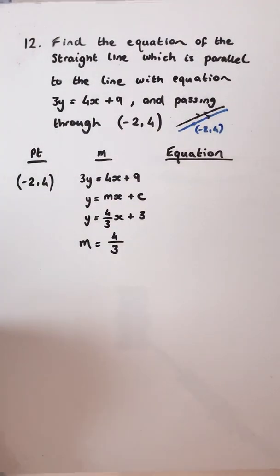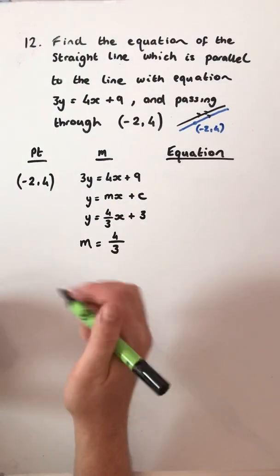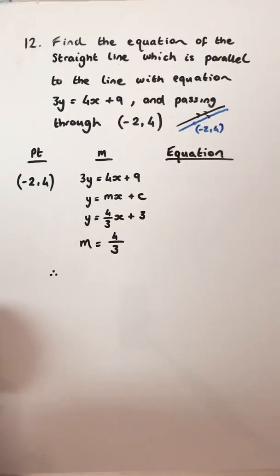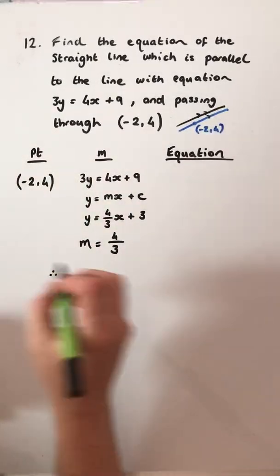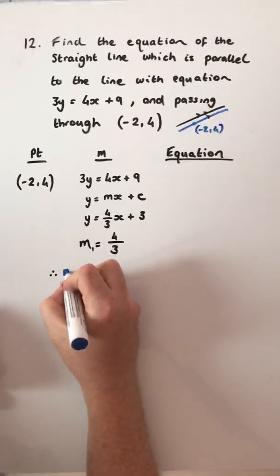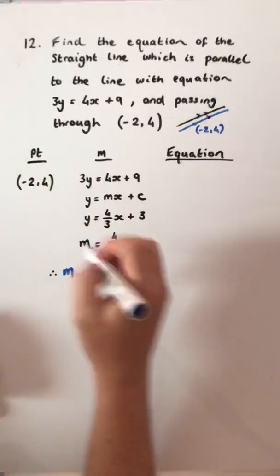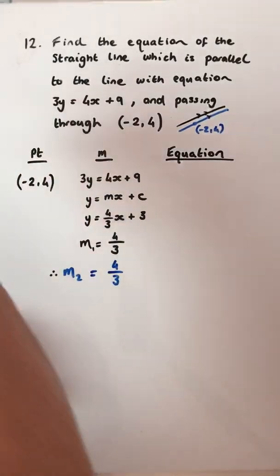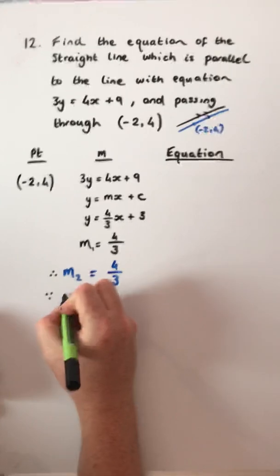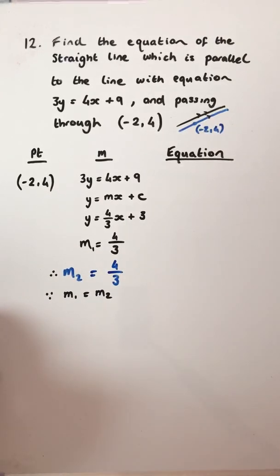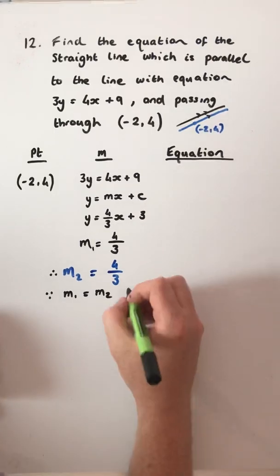The gradient of the blue line is exactly the same. So we can't just use that gradient. We would have to say, therefore, let's call that m1, and m2 is equal to 4/3, since m1 is equal to m2 for parallel lines.